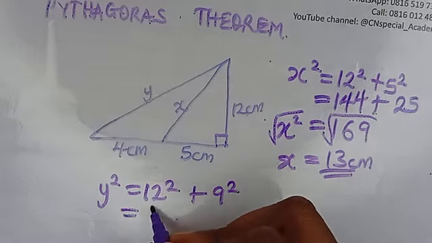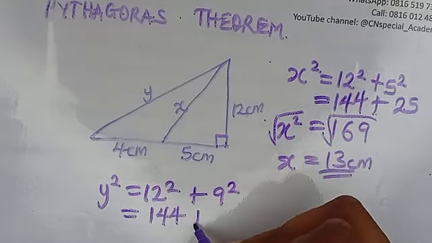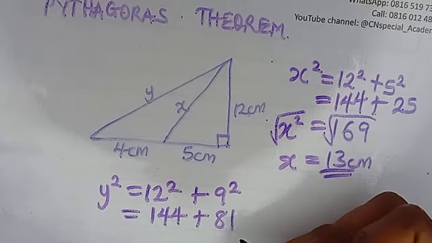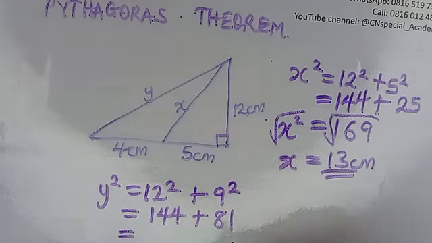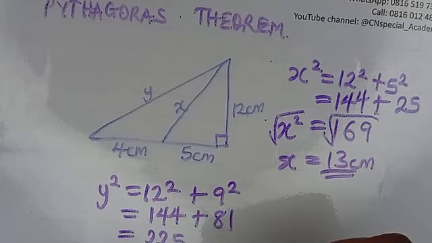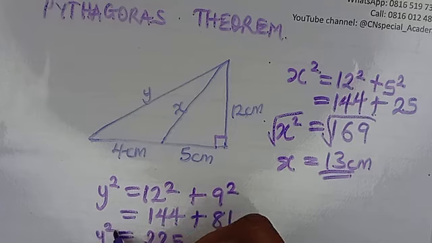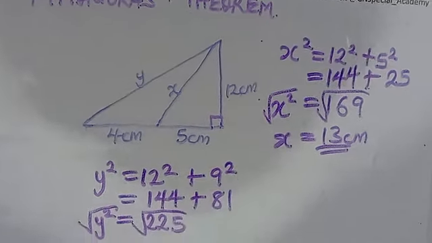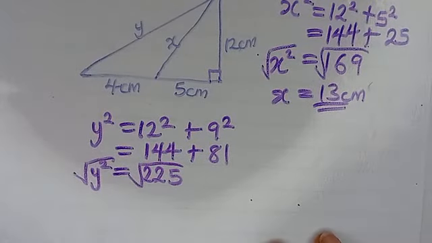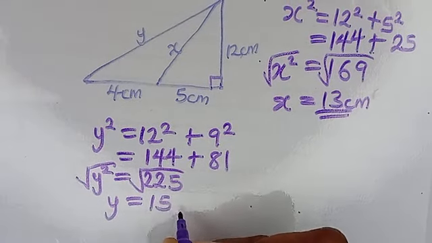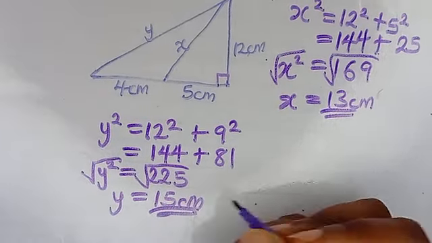We now have that 12 squared is 144 plus 9 squared, which is 81. And then 144 plus 81 is 225. Remember, this is y squared. We get the square root of both sides, and we have that y is equal to 15 cm.